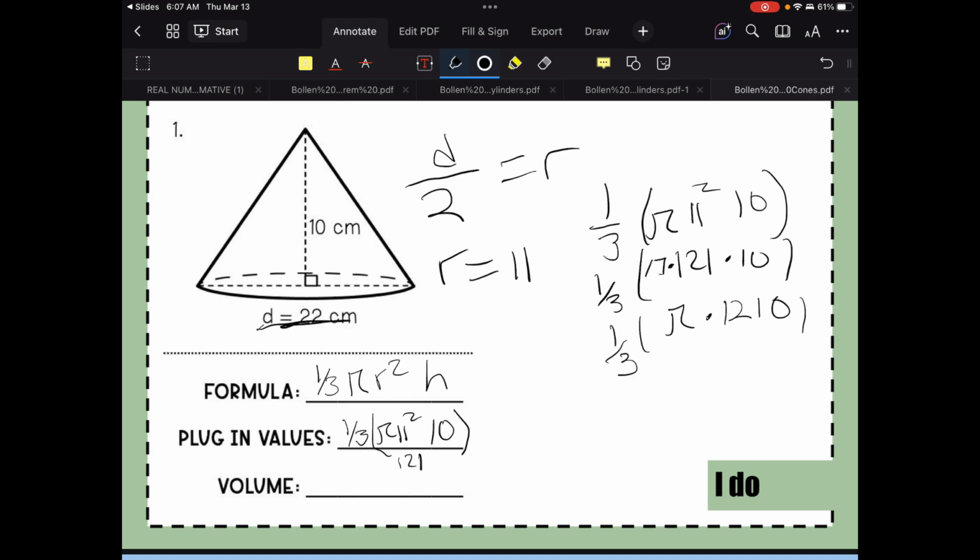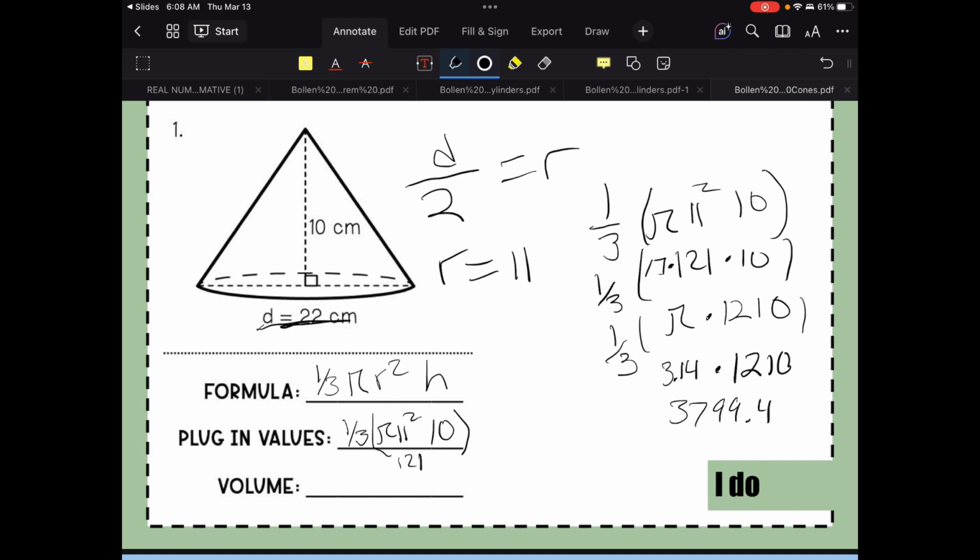Remember, we use 3.14 for pi. 3.14 times 1,210 is equal to 3,799.4.